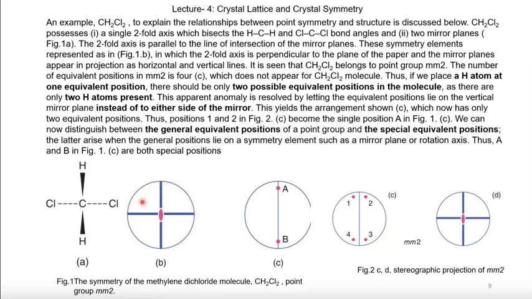And due to this symmetry element operation, we should have 4 equivalent positions. But unfortunately, see here only 2 equivalent positions. Why?